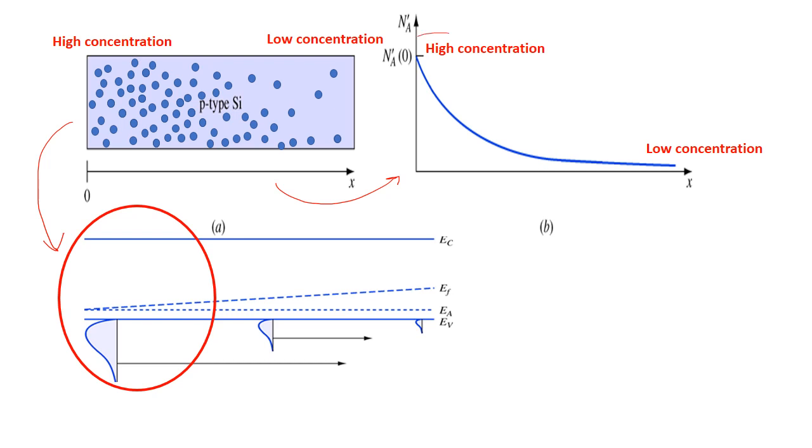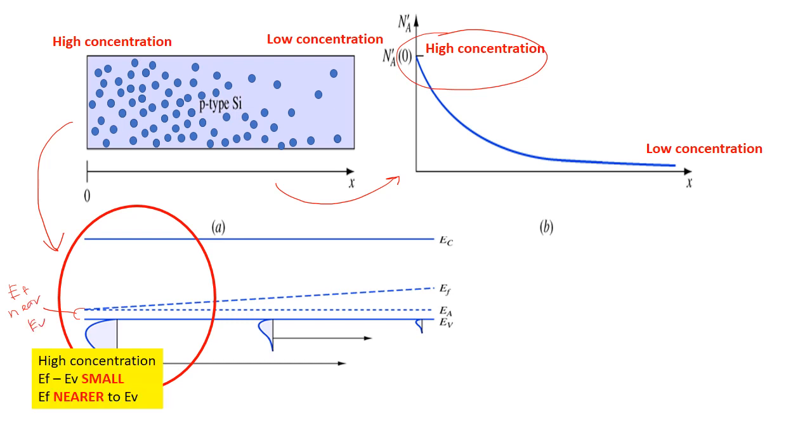Jadi bila high concentration, that means the Fermi level is nearer to the valence band. Okay, yang teori kita cakap tadi. And on the right, it is a low concentration. So P-type, jadi bila low concentration, maksudnya the Fermi level is further from the valence band. So dia mematuhilah teori yang kita ceritakan dekat slide yang sebelum ni tadi.